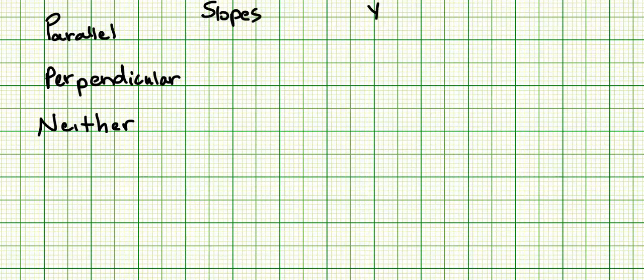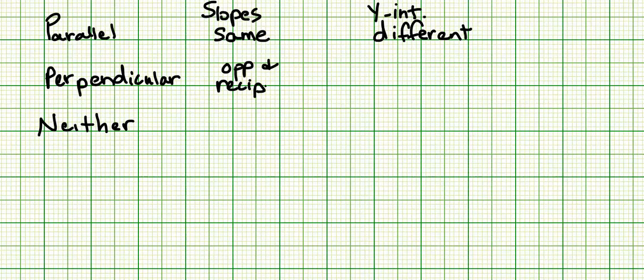Parallel lines have to have the same slope. Y-intercepts must be different. Perpendicular lines, their slopes have to be opposite, and I'm going to abbreviate, I hope that's okay, and reciprocals. I won't abbreviate that because that's a word I want you to get used to. The y-intercepts, they can be the same or different. It doesn't matter.